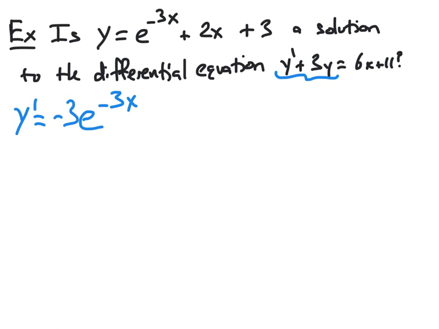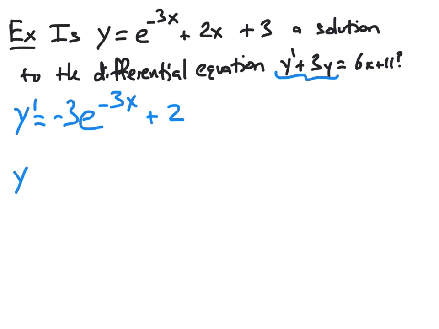So for the first term, we end up with a derivative of negative 3e to the negative 3x. The next term is plus 2x. The derivative of that is 2. And of course, the derivative of the constant 3 is equal to 0. And so we end up with a derivative y prime equals negative 3e to the negative 3x plus 2.